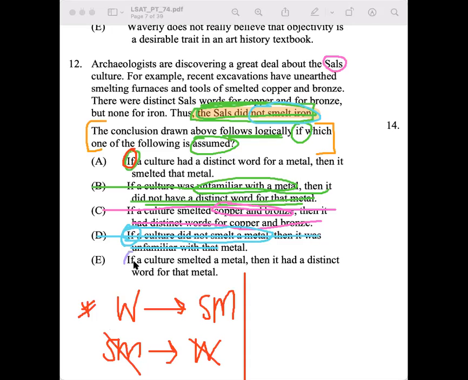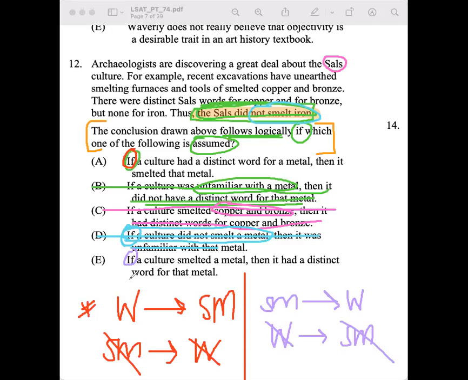So SM, and then a word for it, right? And then what's the contrapositive of that? So negative W, and then arrow, negative SM. Awesome.